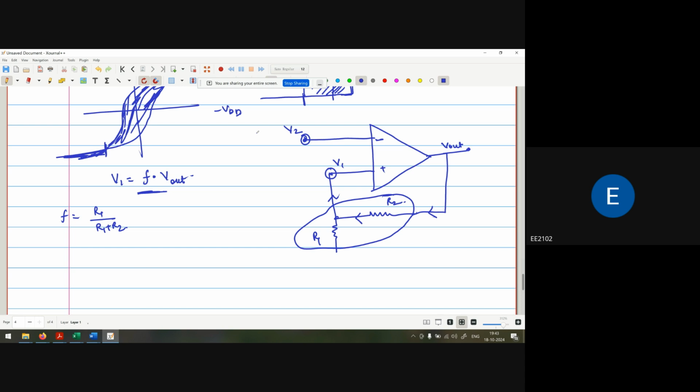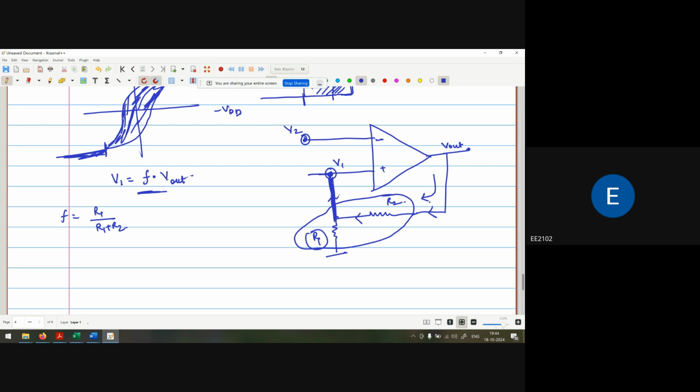This point and this point are both the same because there is no resistance, so the voltage drop is zero. So the voltage drop across R1 is equal to the voltage drop between these. If V out is coming as negative, as a feedback part, this voltage will be dropped across R1 and R2. So what is the value? R1 upon R1 plus R2.